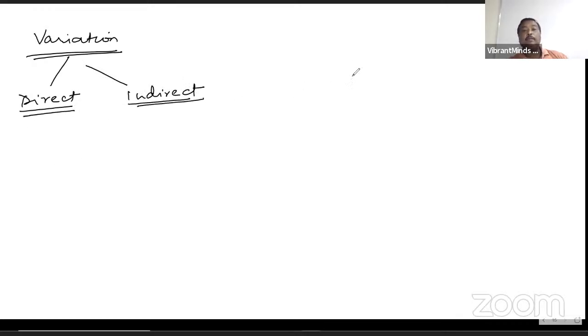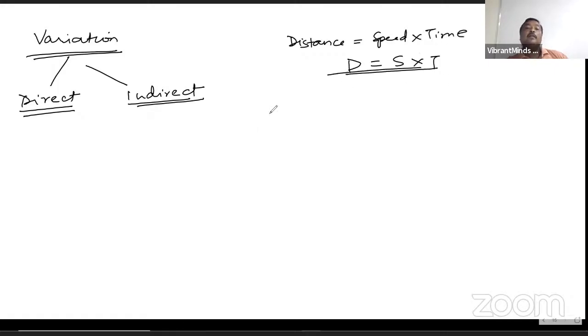Let's see by one example. And we all know distance is equal to what? Speed into time. Let me write it. Distance is equal to speed multiplied by time. Now see, suppose we fix the distance as 100 kilometers. Now see the relation between speed and time.